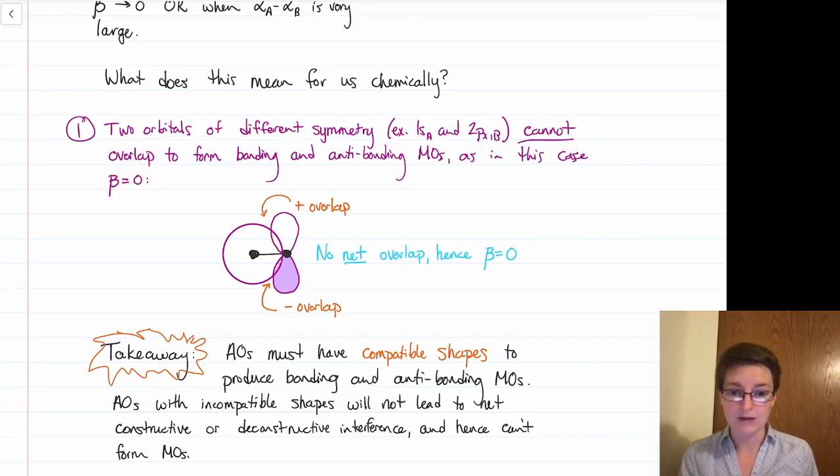AOs with incompatible shapes will not lead to net constructive or net destructive interference, and they can't form molecular orbitals. And so that's actually a really good thing for us because it means that we don't need to consider all possible combinations of atomic orbitals to form our molecular orbitals. We only need to consider types of orbitals that can have a correct shape in order to overlap in such a way as to have net constructive or net destructive interference.